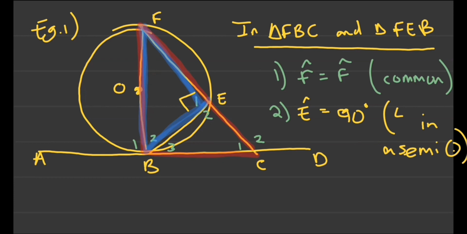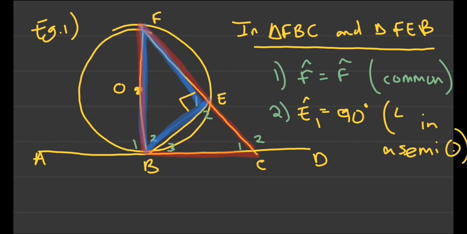So the reason that we write down is angle in a semicircle. The diameter cuts the circle into a semicircle, and any angle in that semicircle would be 90 degrees. Any angle formed by that diameter would be 90 degrees. So E1 is 90 degrees.